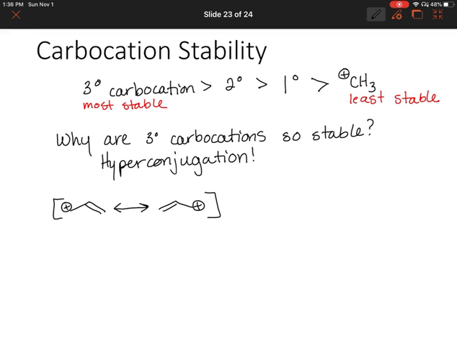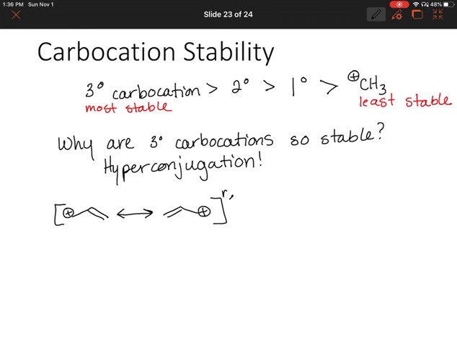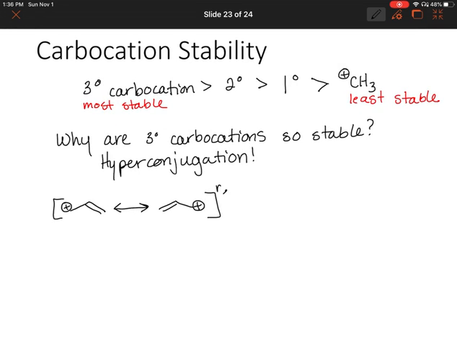Now, even though those are primary cations, resonance stabilized cations are more stable than tertiary carbocations, for instance. So resonance stabilized is more stable than hyperconjugation.